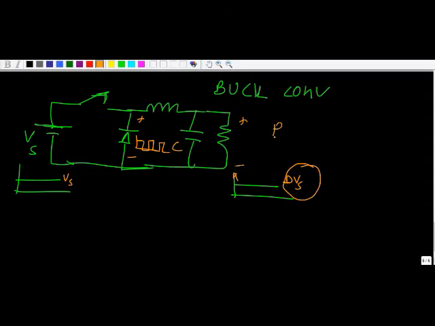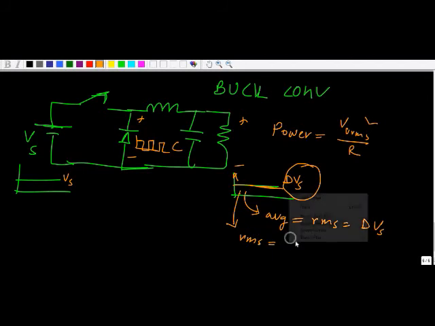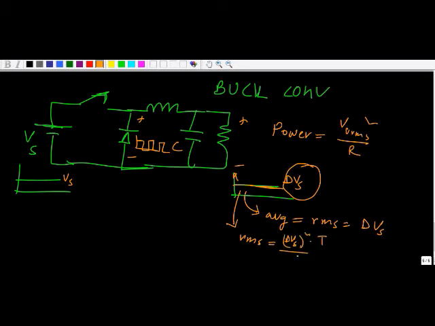So if we calculate power now, we know for a resistive load we calculate it as RMS square divided by R. But a DC waveform like this has average equal to RMS equal to D times Vs. Because if we calculate RMS here, what is RMS? RMS is nothing but the total energy, that is amplitude (DVs) square into duration, divided by duration.